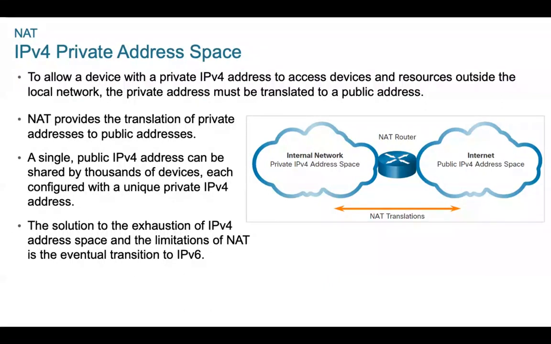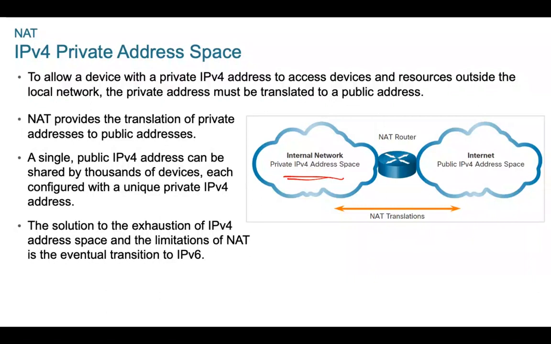So NAT, which combines with the private IP address, is the primary method of preserving public IP addresses. A single public IPv4 address can be shared by hundreds, even thousands of devices inside this private network.